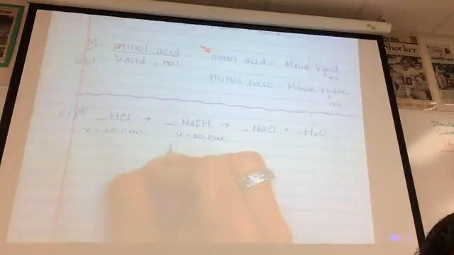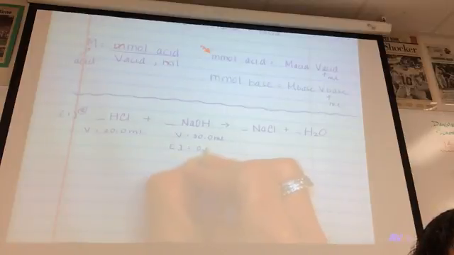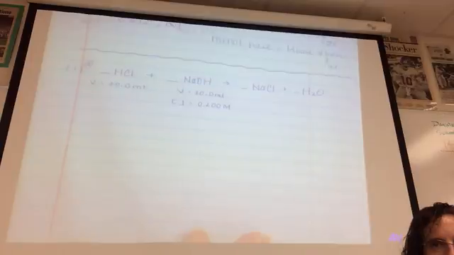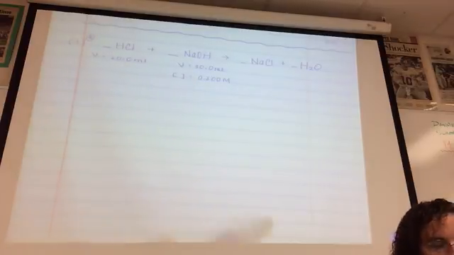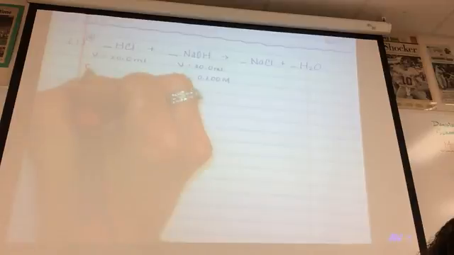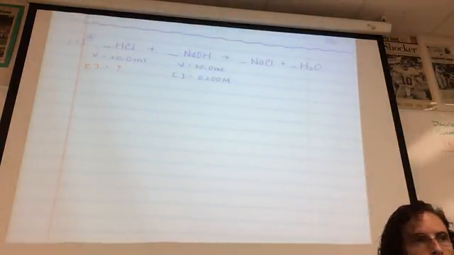And the concentration of the base is 0.200 molar. So that's step A. I write the balanced equation, I record the information. What I'm looking for then is the concentration of the acid.